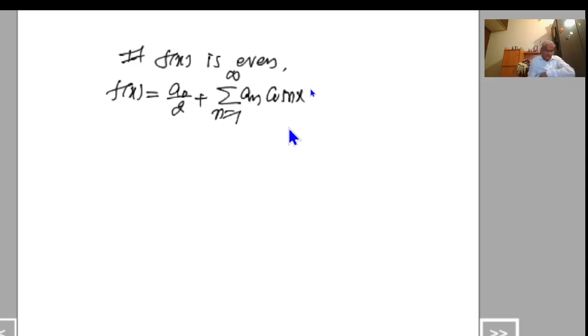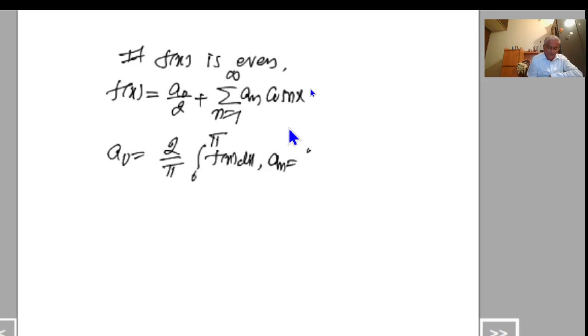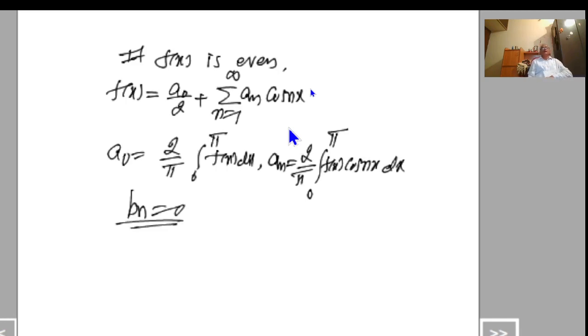Therefore, this is our Fourier series, where a naught is given by 2 by pi times the integral from 0 to pi of f of x dx, an is equal to 2 by pi times the integral from 0 to pi of f of x into cos nx dx, and bn equals 0.